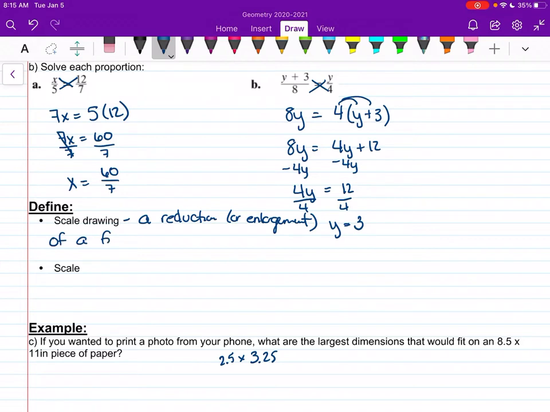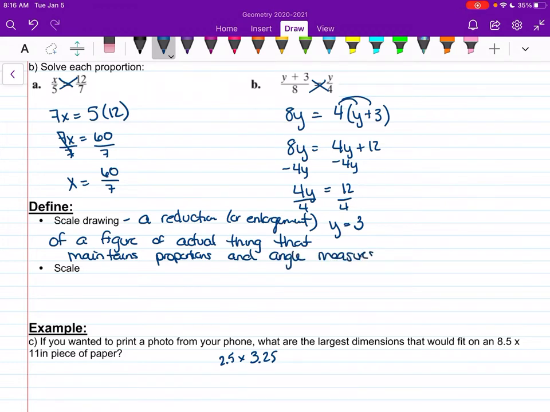Of a figure or actual thing that maintains proportions and angle measures. Okay, so our scale tells us what our scale factor is. So like how much is this being reduced?